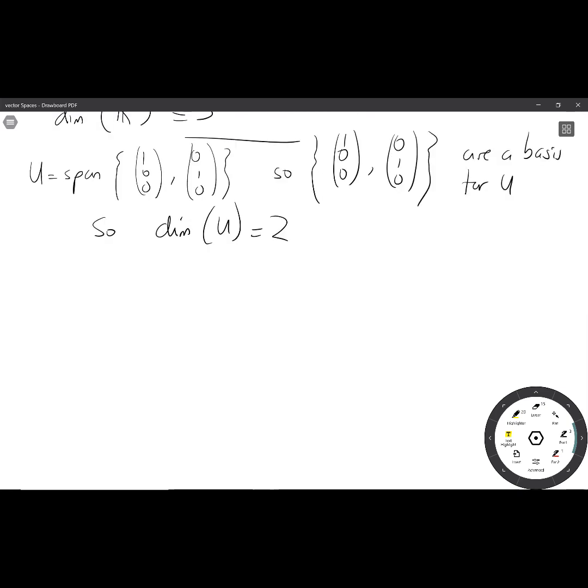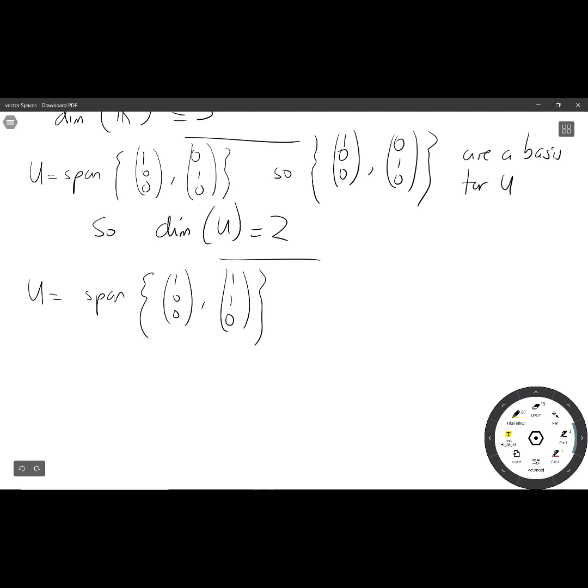One thing to note is that bases are not unique. So we also have that U is the span of 1, 0, 0 and 1, 1, 0.